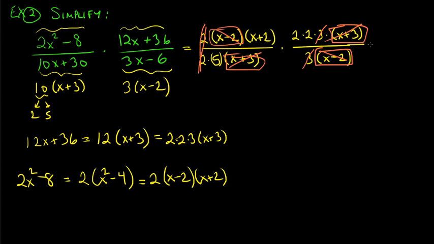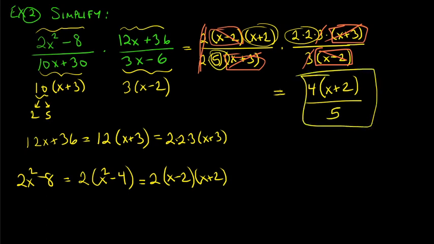So what do we have for the numerator here? We have 2 times 2, which is 4, and then we have the x plus 2. And what about the denominator? It looks like we canceled everything except this 5 here. Yep, there's still a 5 in the denominator. So there's our answer, 4 times (x plus 2) all over 5.